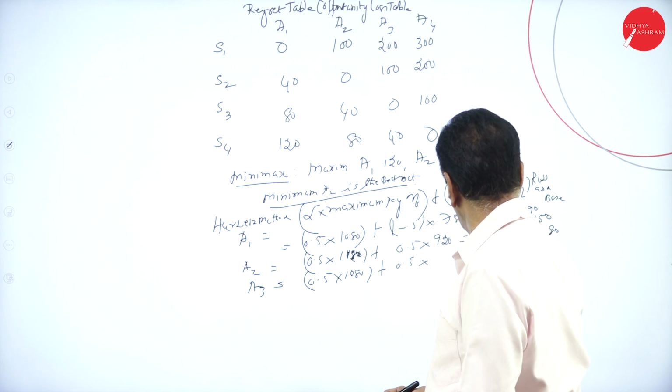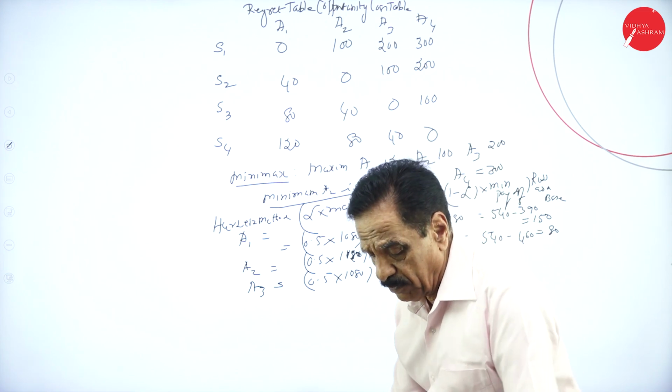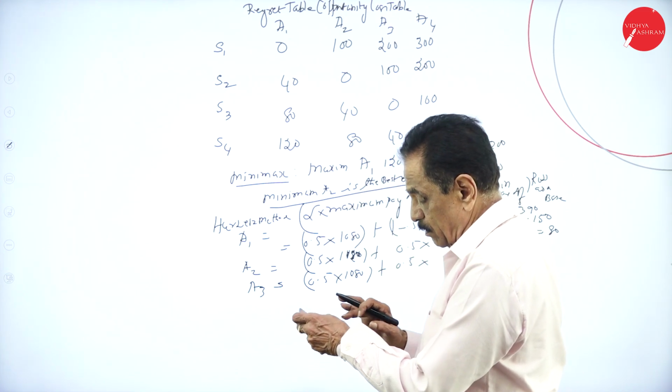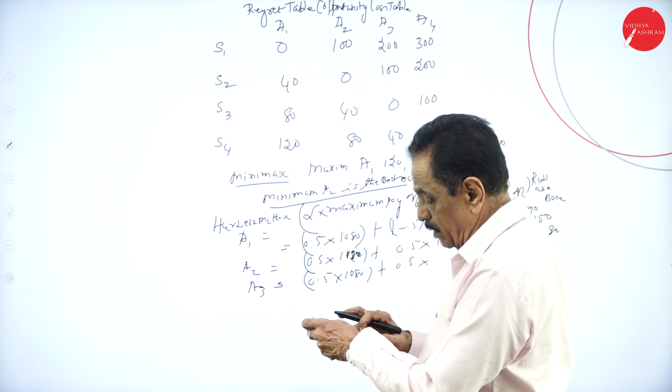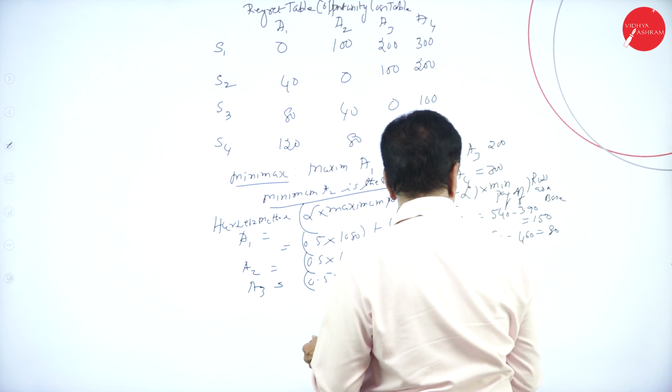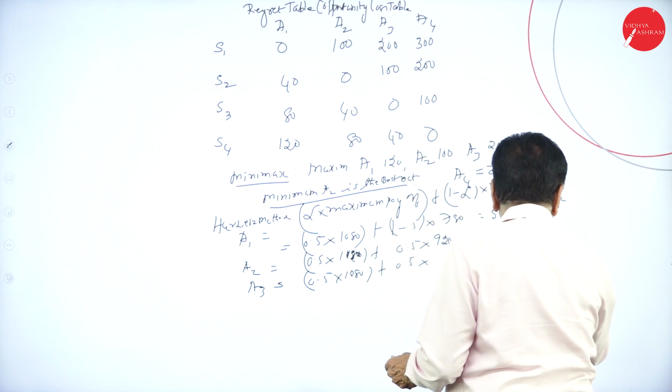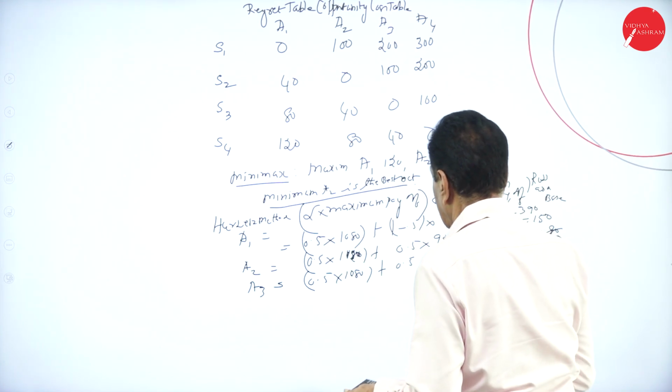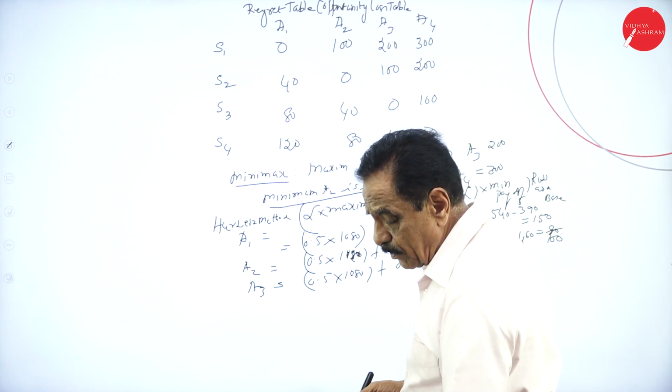So 1120 into 0.5, 560, minus 460 is 100.